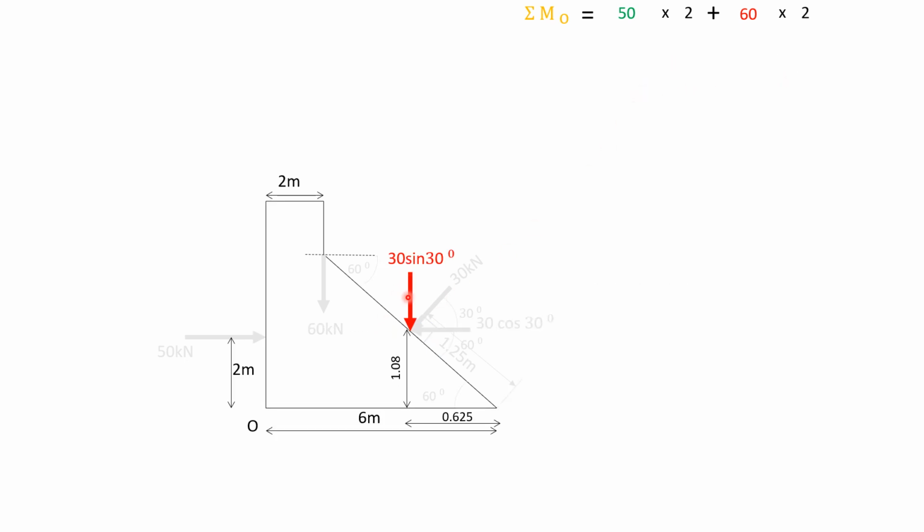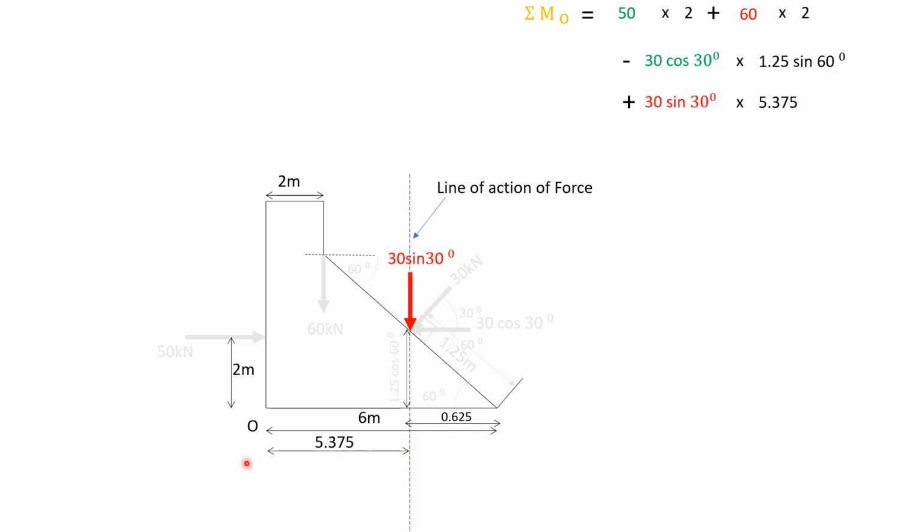Now for this force component, line of action of force will be like this, and we need this perpendicular distance about point O. Say it is x by 1.25 equal to cos 60, so this x will be 1.25 into cos 60, which comes to 0.625, and this remaining distance will be 6 minus 0.625, so this will be 5.375 meters.